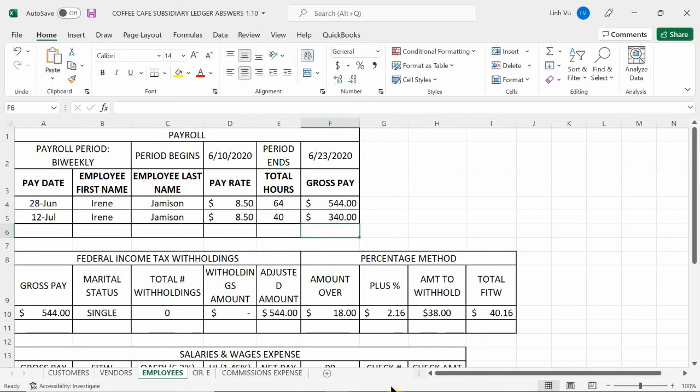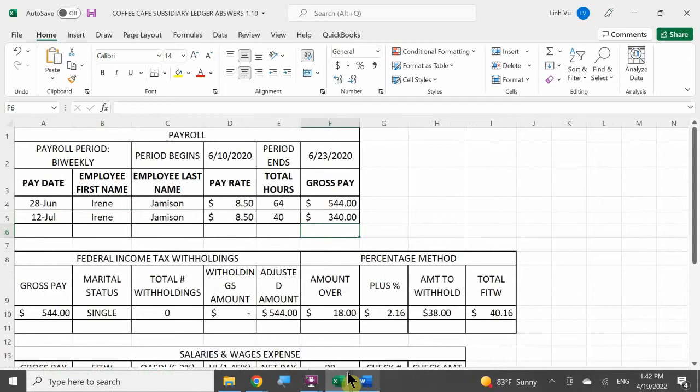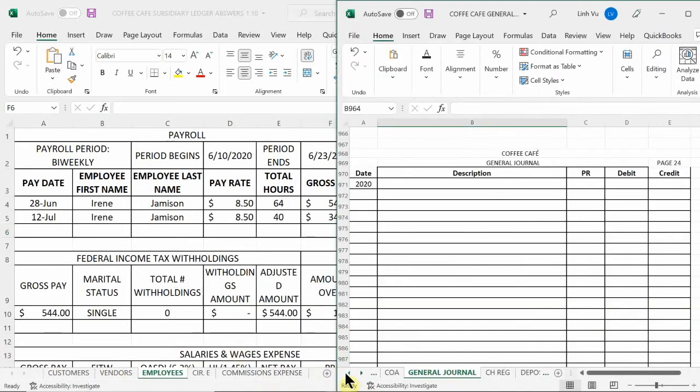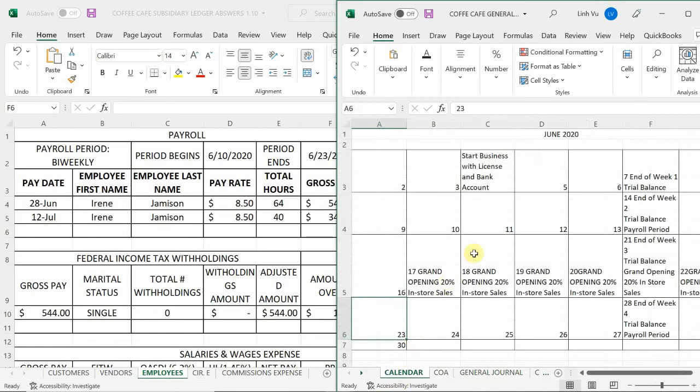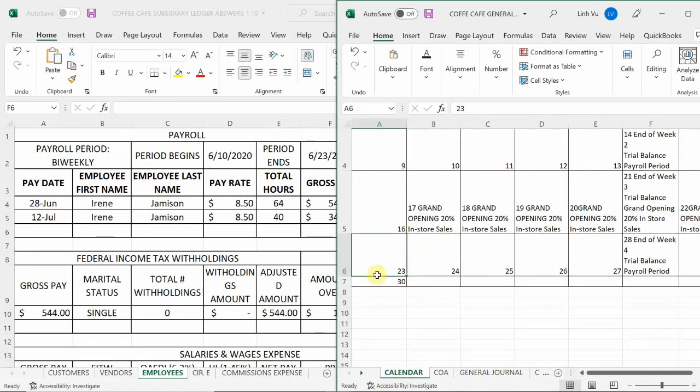Because if I look at my calendar, okay? If I look at my calendar, right? Today is Sunday. Okay? Meaning I owe her for the 24th, the 25th, right?